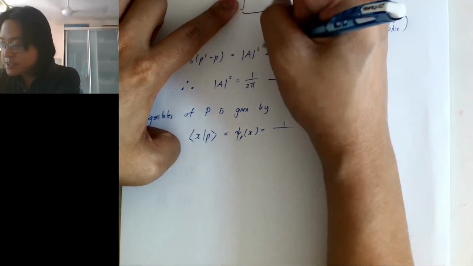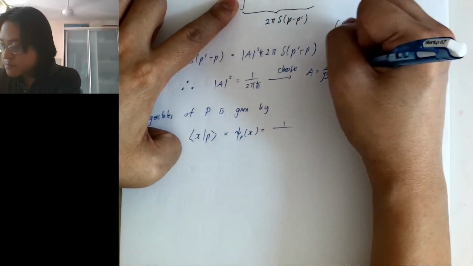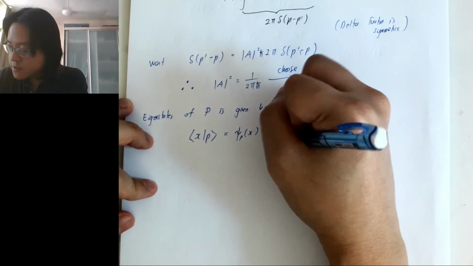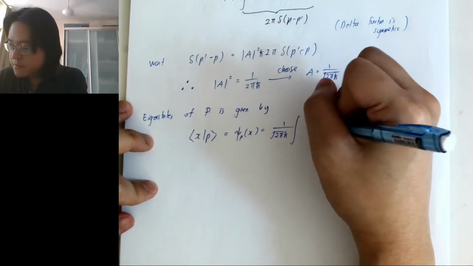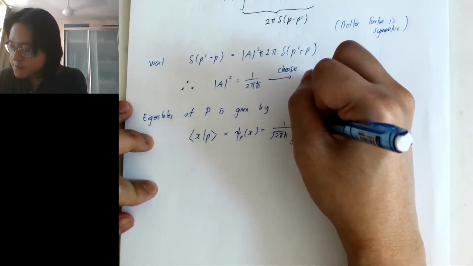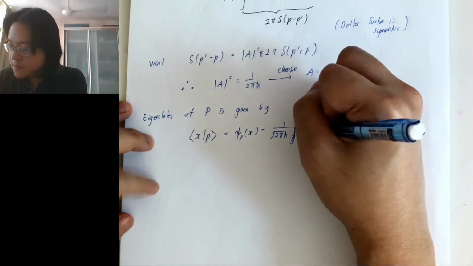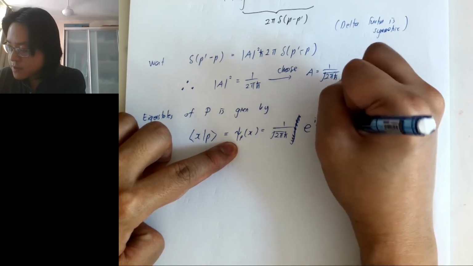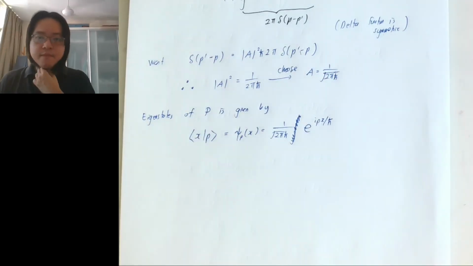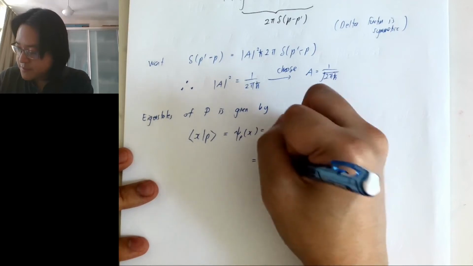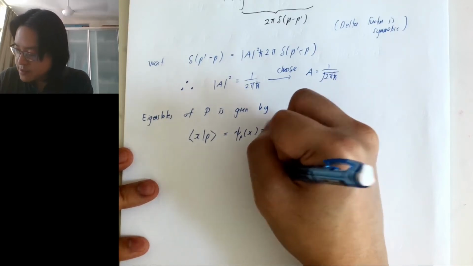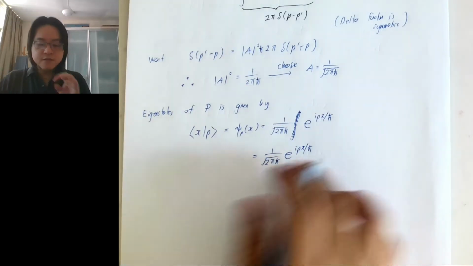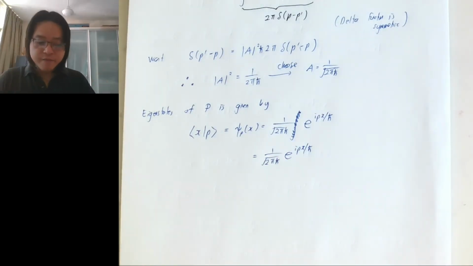So I got 1 over the square root of 2 pi h bar, e to the power of ipx over h bar. I made a mess, so let me do it again. Okay, so we have found the eigenstates of P.